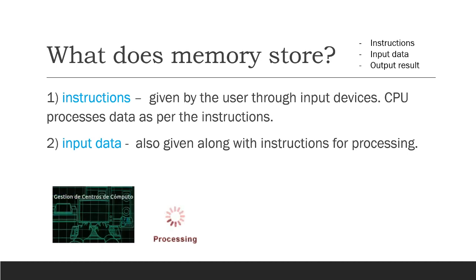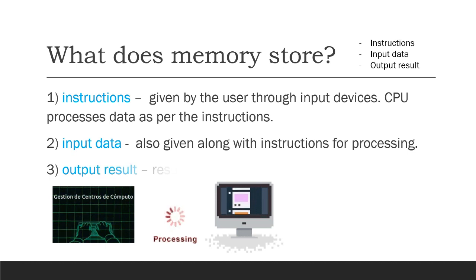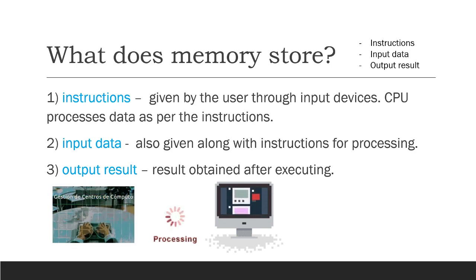Once the input data is processed, an output is obtained. That result is called the output. The output result is the result obtained after execution of the input data as per the instructions.